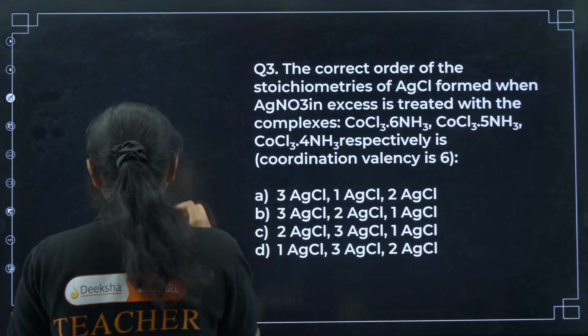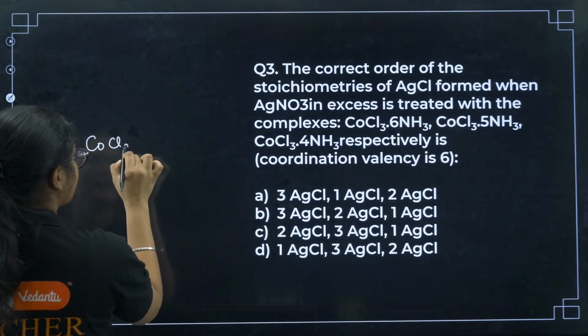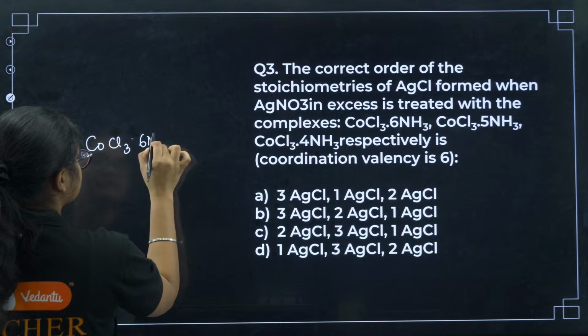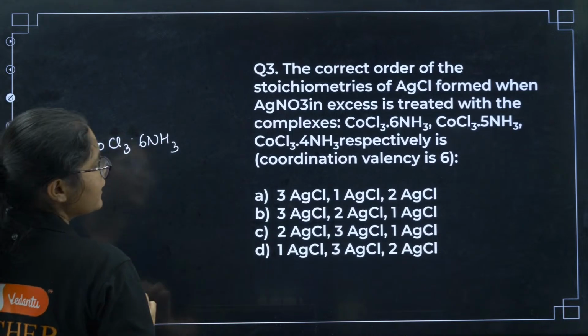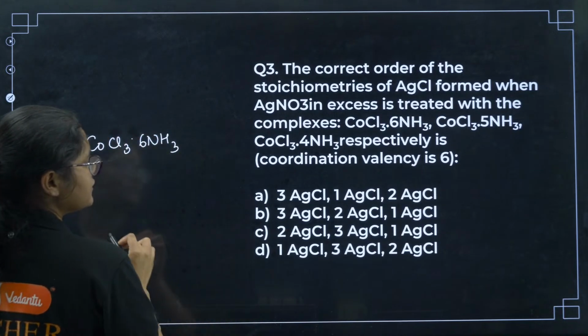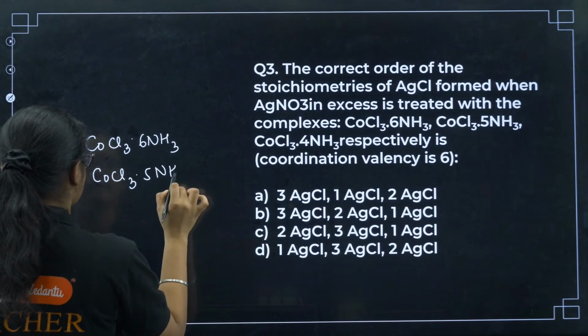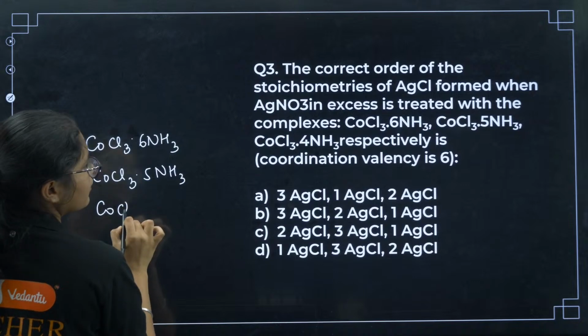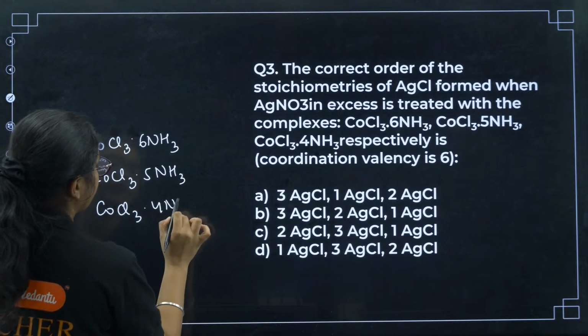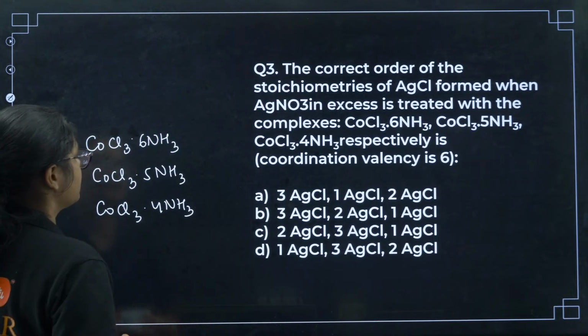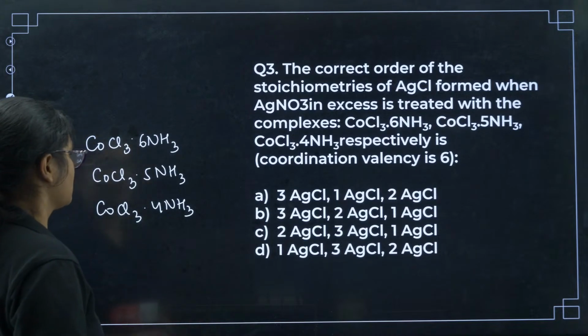The first compound given is CoCl3·6NH3, and here we have CoCl3·5NH3, here I have CoCl3·4NH3. Coordination number is 6 here.